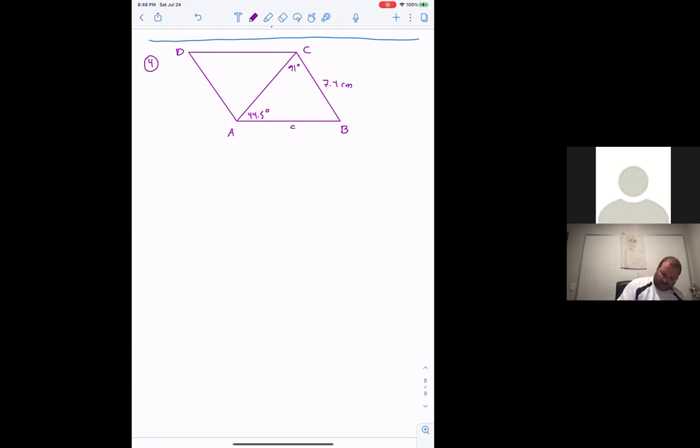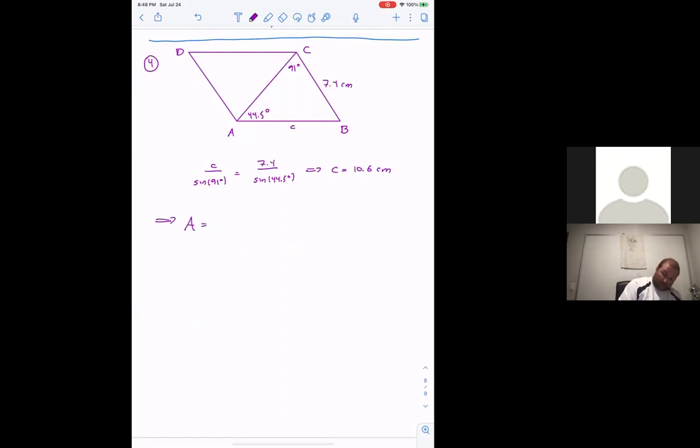If I call this side C, C over sine of 91 degrees equals 7.4 over sine of 44.5 degrees. So 7.4 times sine of 91 degrees divided by sine of 44.5 degrees. This tells us that the third side C to 3 sig figs is 10.6 centimeters.